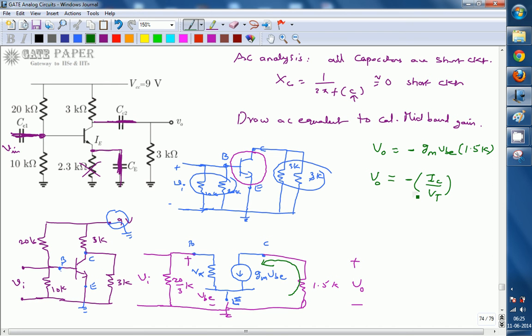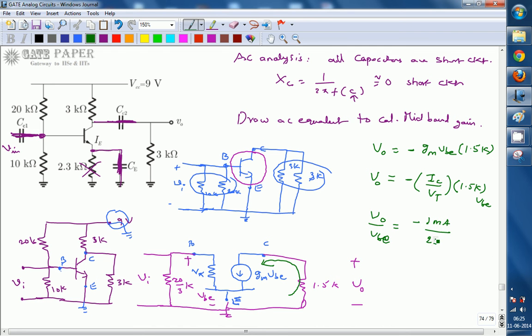V naught by VBE is equal to minus IC, which is 1 milliampere, divided by 25 millivolts, into 1.5 kilo ohms. V naught divided by VBE is V naught by Vi, that is the voltage gain required.